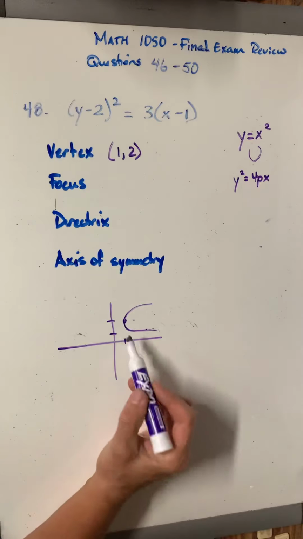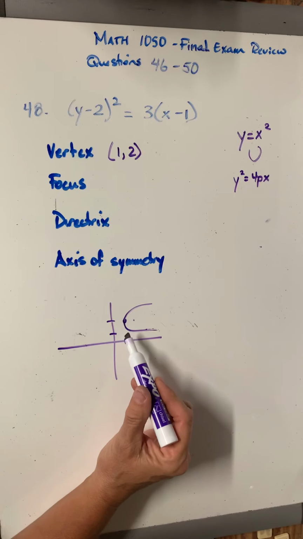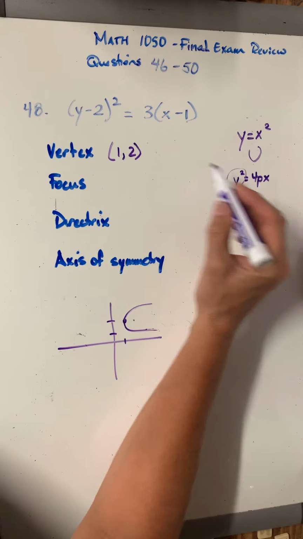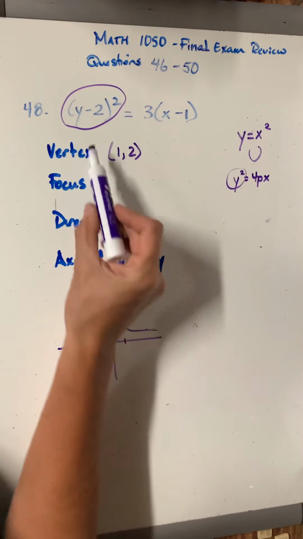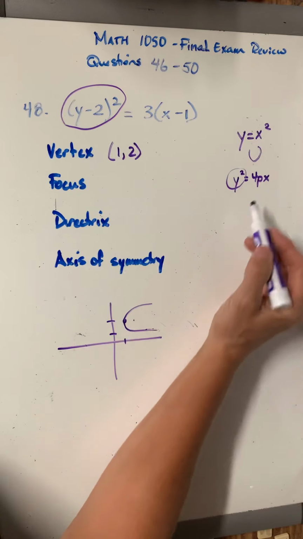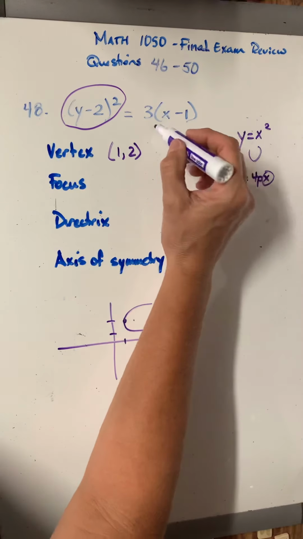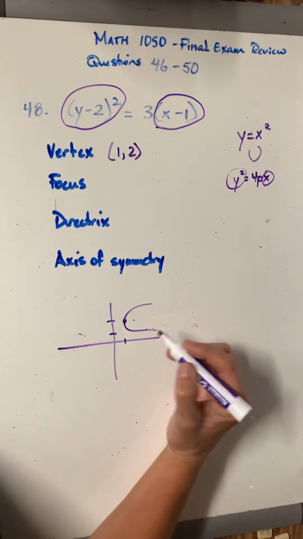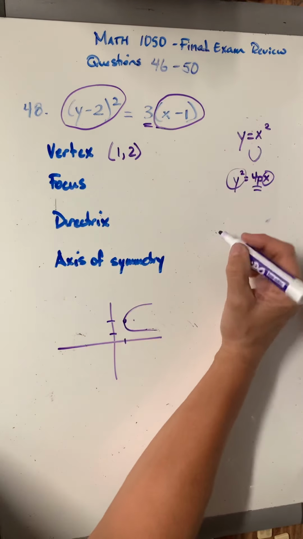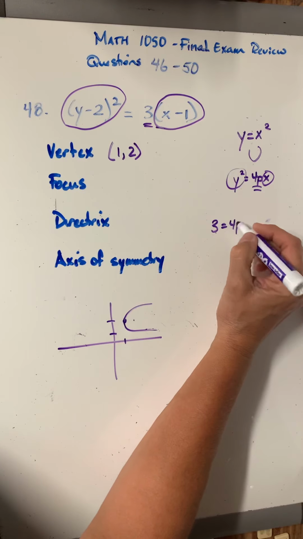All right, so how do I find my focus? Well, that's where this 4p comes into play. So the y squared part was here, and it was expanded, -2. That helped me with my vertex. The x part is here. It was expanded. That helped me with my vertex. So the 4p part is the 3. So I'm going to go 3 equals 4p.